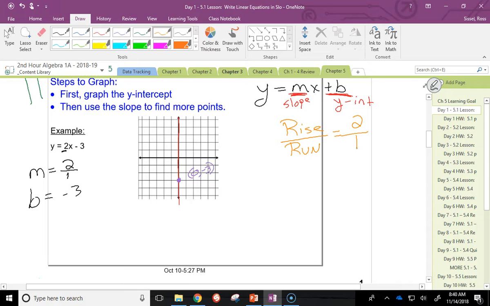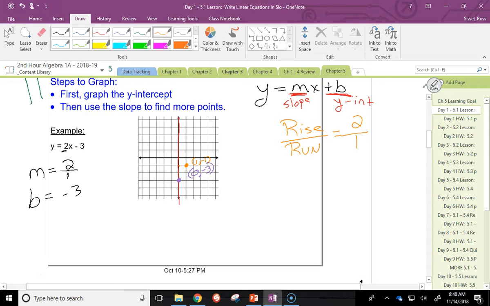My rise is 2. 1, 2. My run was 1. 1. I'm done. That is my next coordinate point. That's all you have to do. This coordinate point is now 1, -1.